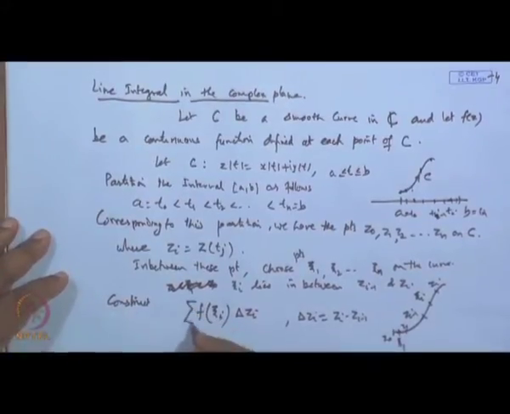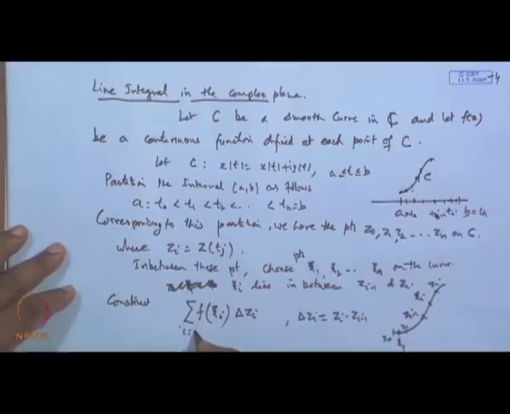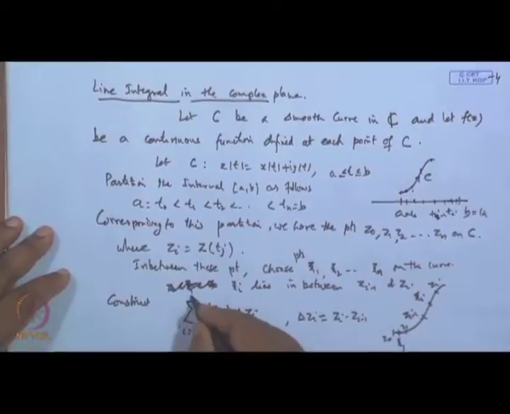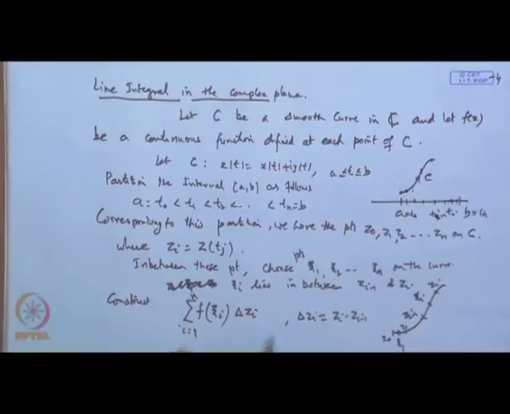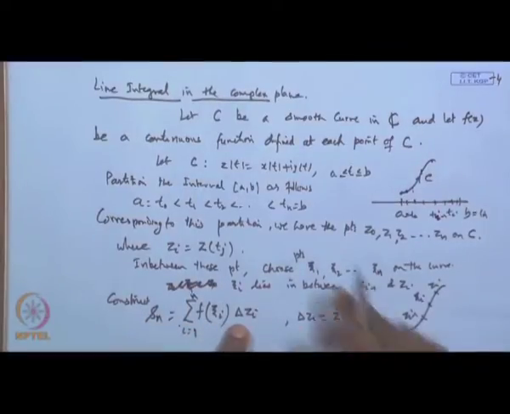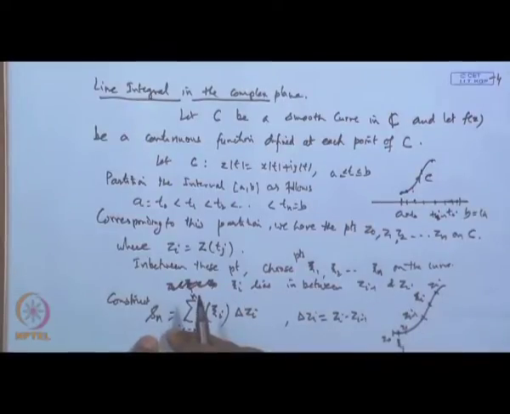Then take the summation as i varies from 1 to n. Let this be denoted by Sn. Once you have this partition, you get this sum. Now change the partition, and you take another sum, and so on.